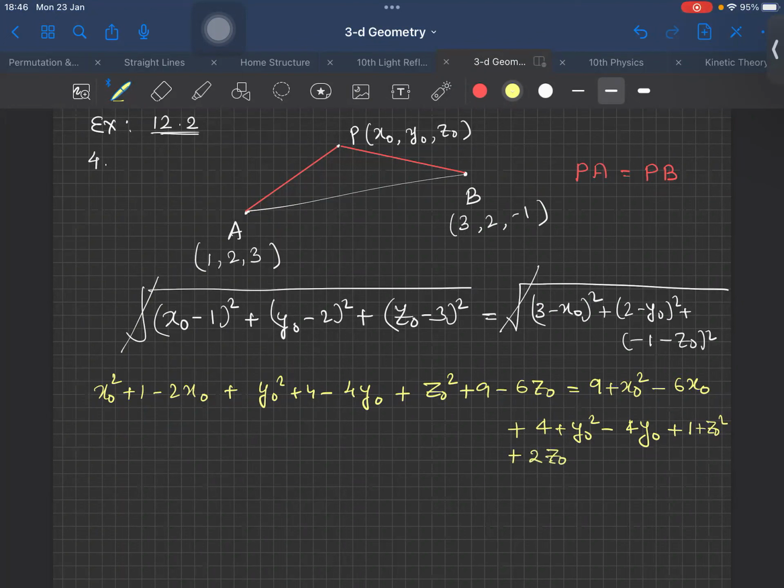Okay, understood? Is anybody having doubt why it is plus? Because both will get multiplied and it will be a positive value.